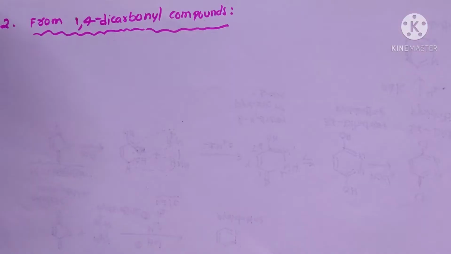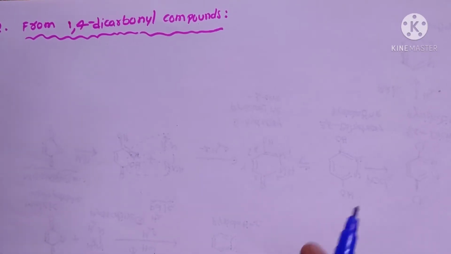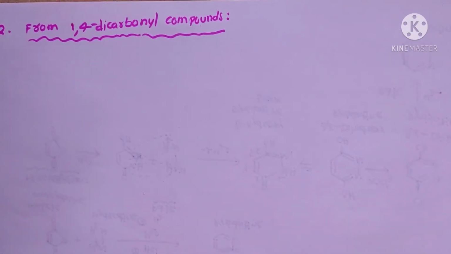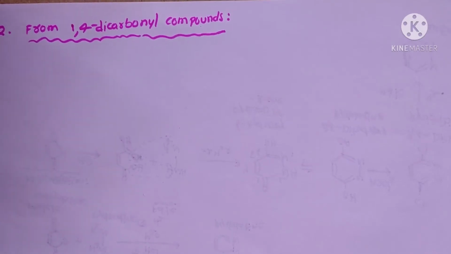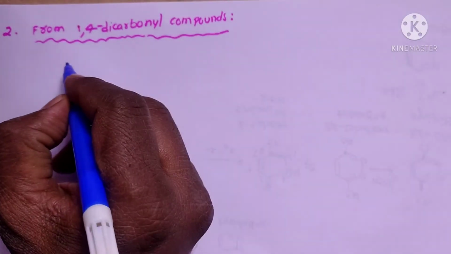Now we discuss the second preparation method of pyridazine, that is by using 1,4-dicarbonyl compounds. Here as the 1,4-dicarbonyl compounds, we may use the alpha-beta unsaturated dicarbonyl compound, or we can use the alpha-beta saturated dicarbonyl compounds. Look here.